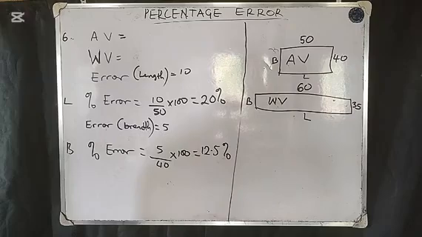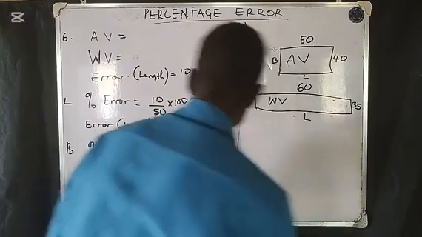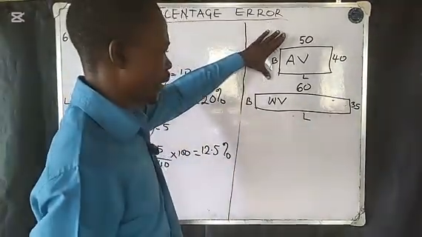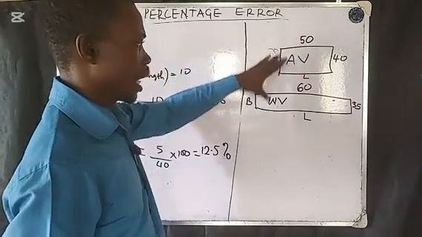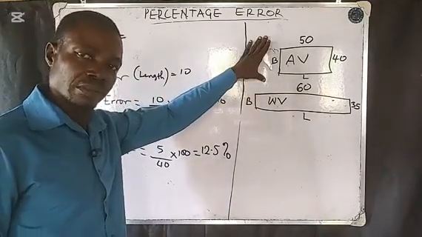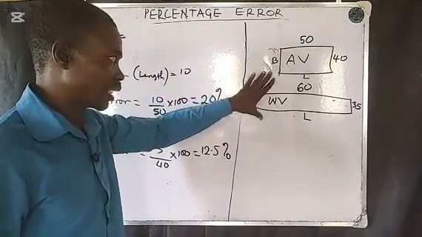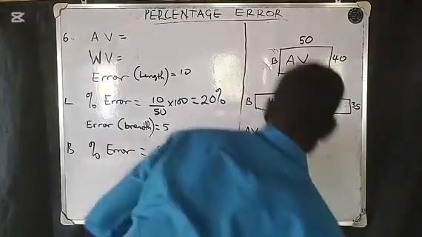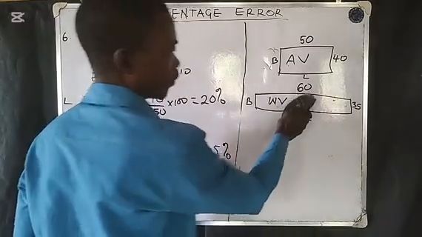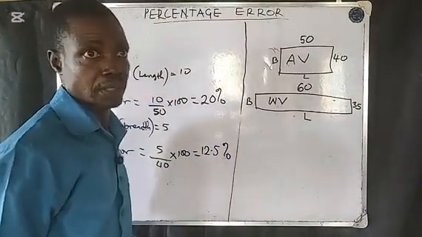Next one now, we're finding the area of the tabletop, Abi. That is the percentage error of the area of the tabletop, right? So what we do right now, area of this one and area of this one. We now find the difference. That will be the error now, right? So we find the area of the right, and we find the area of the wrong measurement.